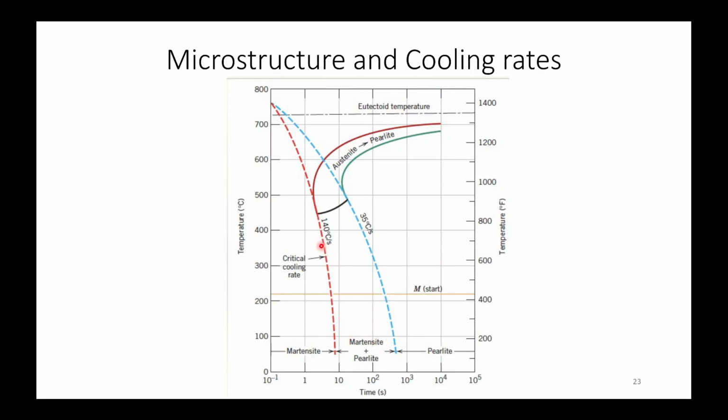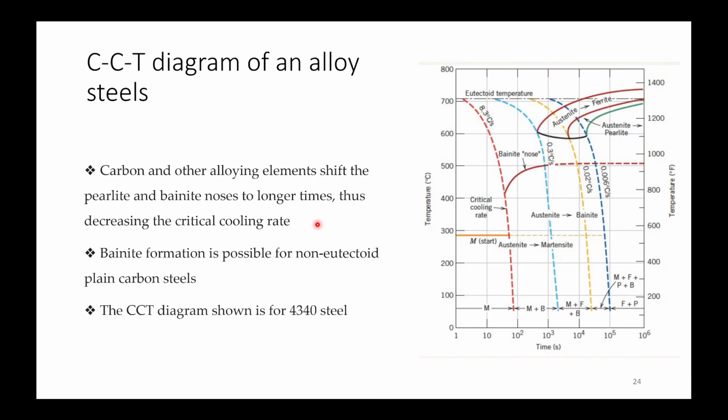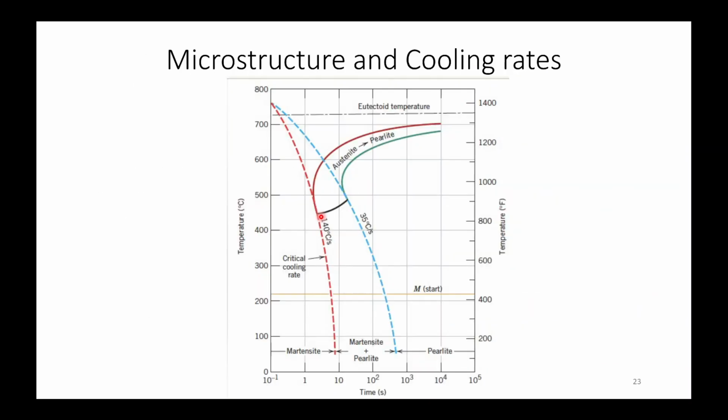And if it is kept higher than this critical cooling rate, you will be getting 100% martensite. So this critical cooling rate will be a specific characteristic of the cooling curve.